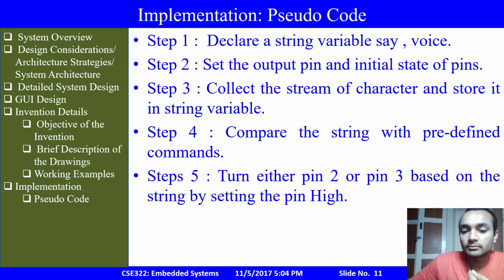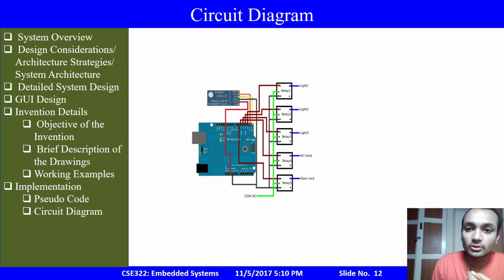You have to say "TV on." It should be very specific. Once you compare with these predefined commands, you have your entire system working. And then the last step is, the way we defined the system that we've made, you turn either pin 2 or pin 3 based on the string by setting the pin high, right? So yeah, that's the pseudocode.